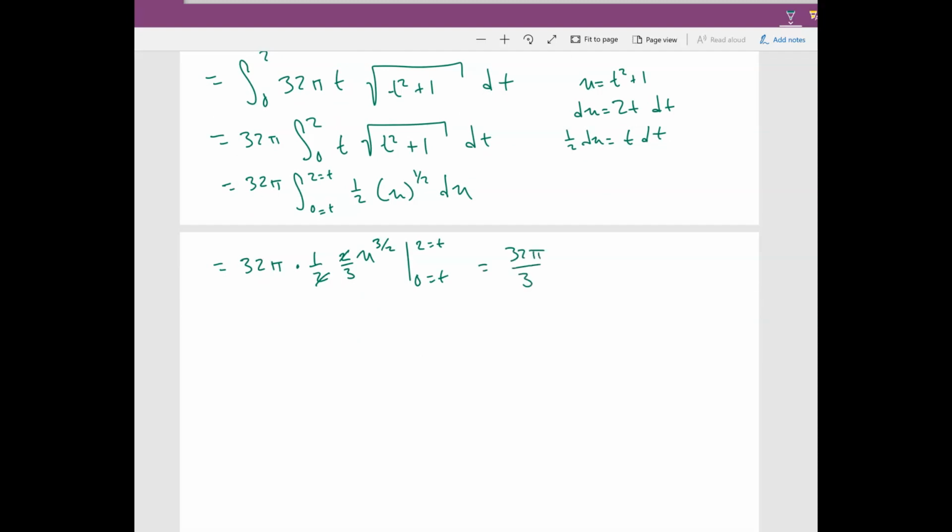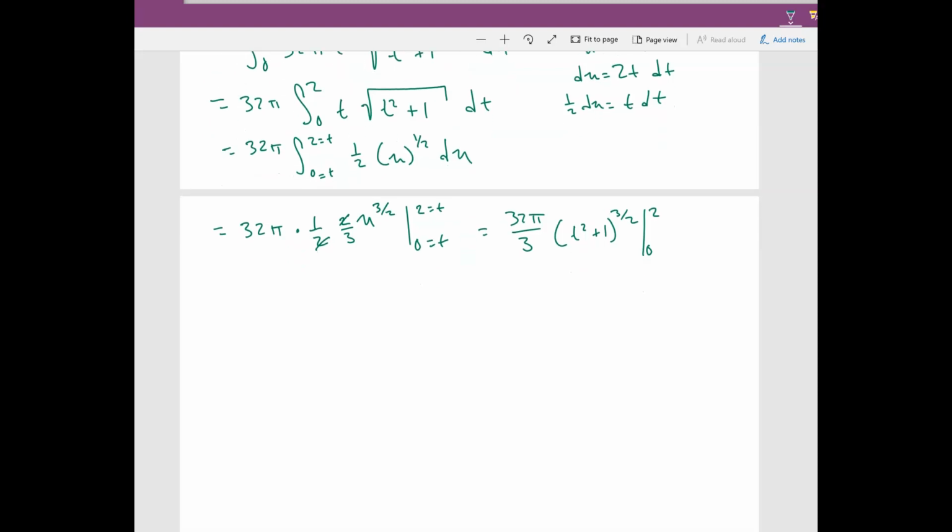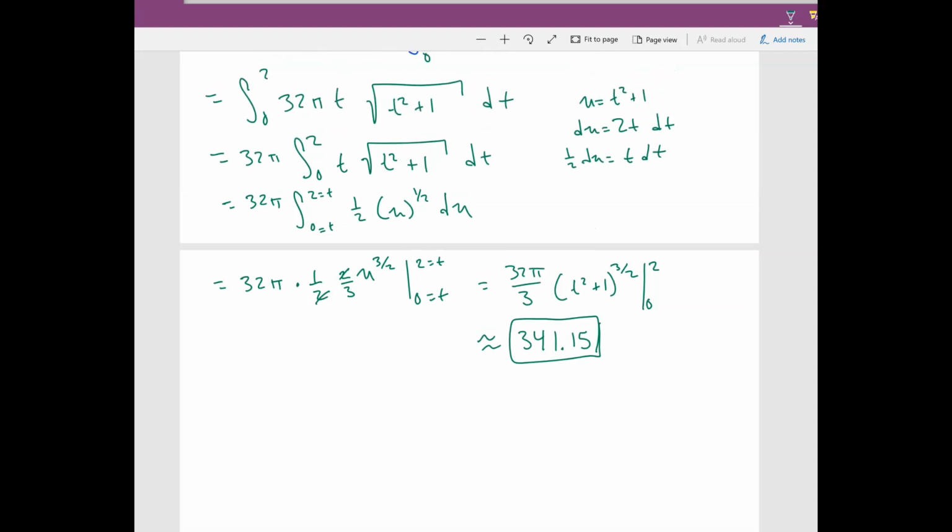And then u in this case was t squared plus 1, to the 3/2. Plug in from 0 to 2 now, and what you're going to get is approximately 341.15.